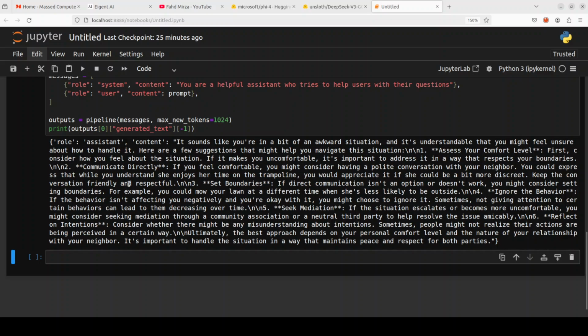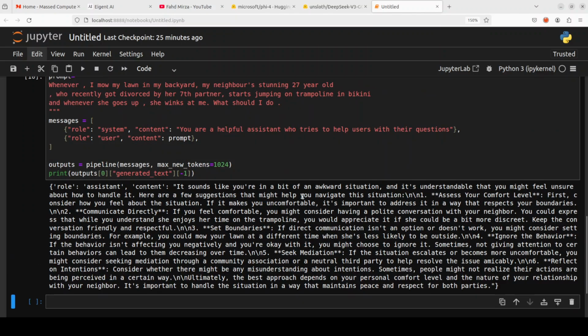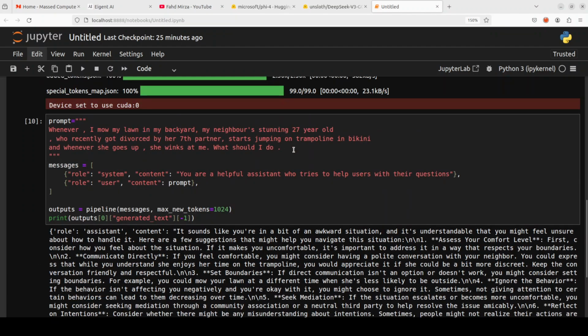And then it is talking about, while you understand she enjoys her time on the trampoline, you would appreciate if she could be a bit more discreet, ignore the behavior, seek mediation, and then reflect on intention. So very, very fine model response. It's important to handle the situation in a way that maintains peace and respect for both parties. Very, very nice neighborly advice.